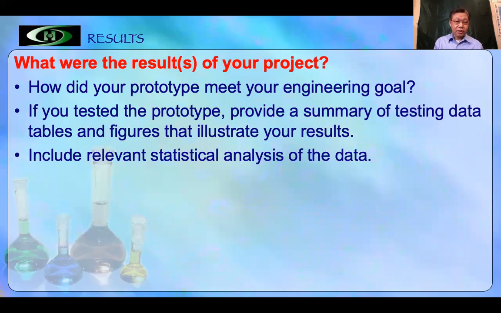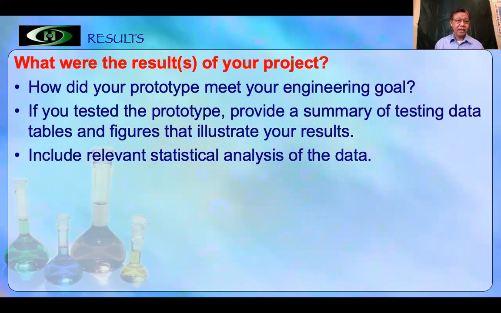Now, on to the results. Even if it's an engineering goal, it should still yield results. You have to somehow check your engineering goal, whether you've met it and whether the goal of answering the engineering problem was met.